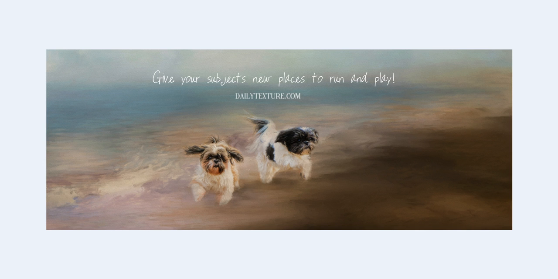You can give your subjects new places to run and play. This pair of little dogs here was taken in a field with a lot of grass, and I thought they were so happy looking. I thought it'd be fun to add them to a beachy background with some waves, like they're running in the ocean.